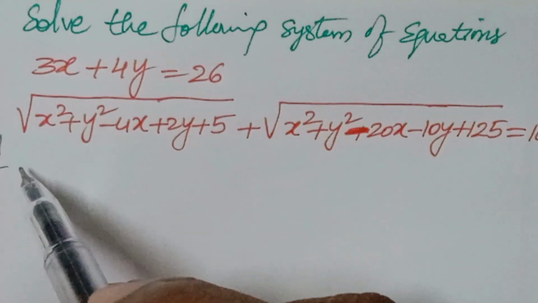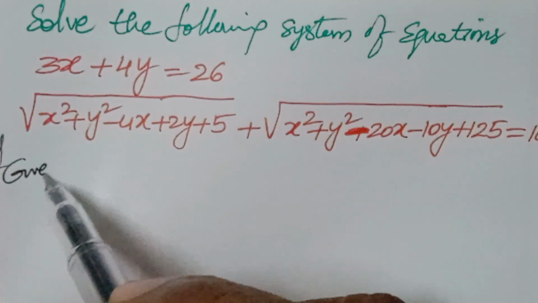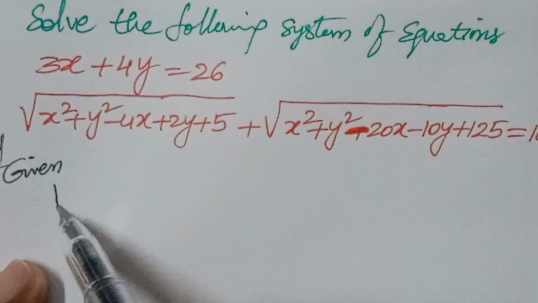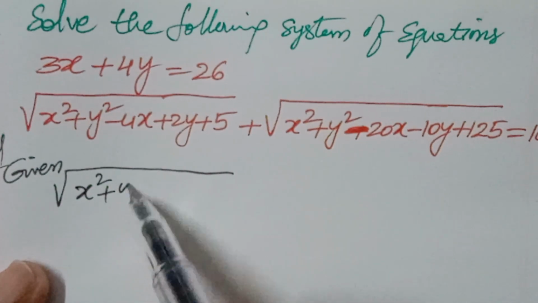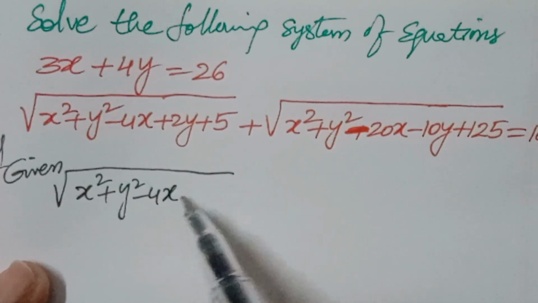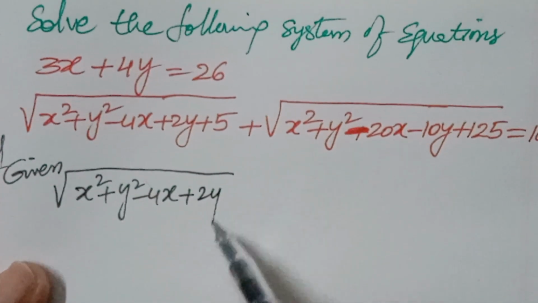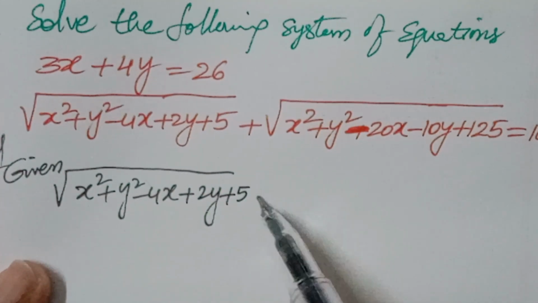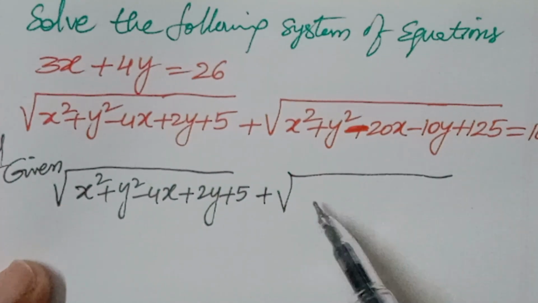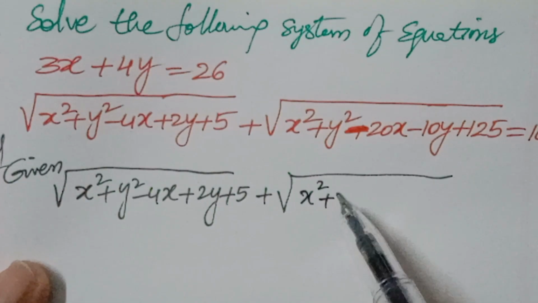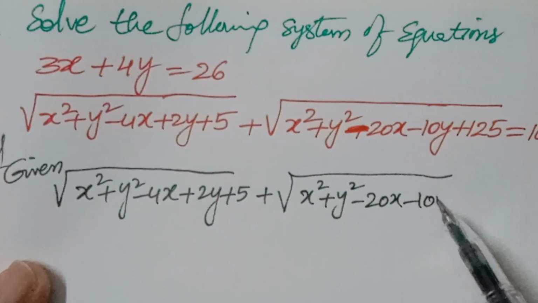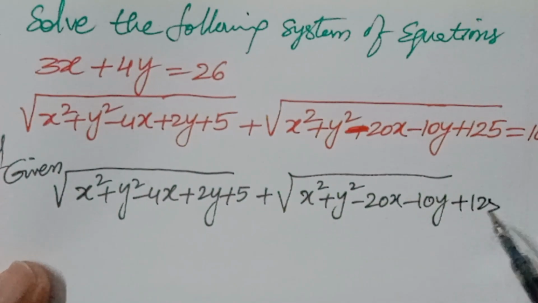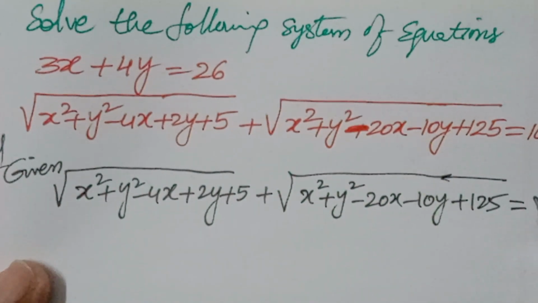So here I am taking the second equation. How to solve this? Square root of (x square plus y square minus 4x plus 2y plus 5) plus square root of (x square plus y square minus 20x minus 10y plus 125) is equal to 10.